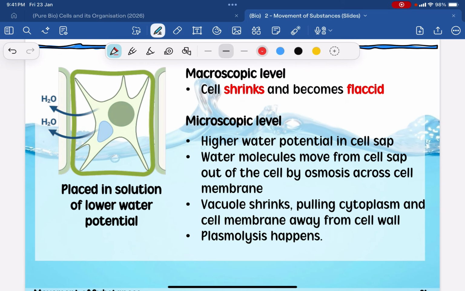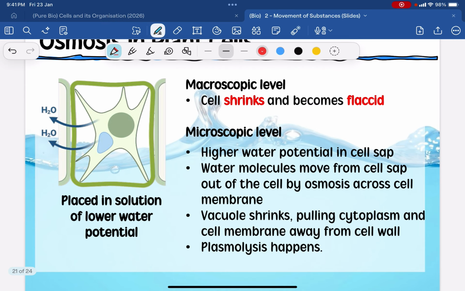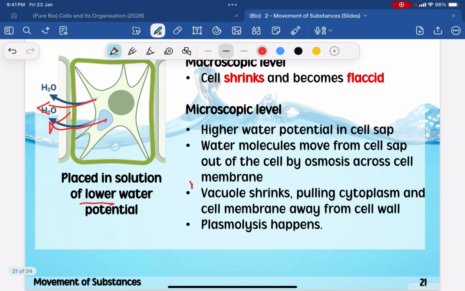When we look at the other way around, this will be a bit more tricky. When we put the plant cell in a lower water potential, from the cell sap, the water molecules will exit. And when it happens, you realize that the vacuole shrinks, the large central vacuole shrinks, and pulls the cytoplasm away.